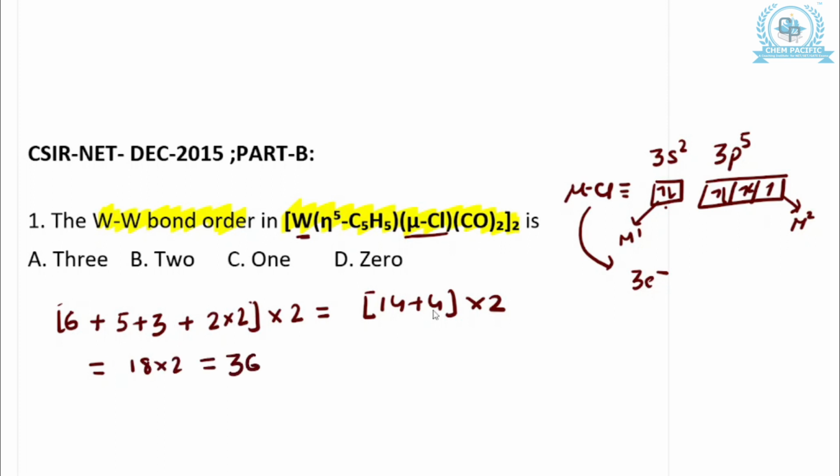Since you have two metals, a 36 electron count means this complex is stable without the formation of any metal-metal bond. Therefore, this complex has 0 metal-metal bonds.